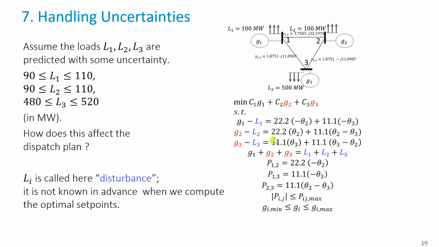So it's not possible to find G1, G2, G3, theta 1, theta 2, and theta 3 that satisfy those constraints for all values of L1, L2, L3. So for every value of L1, L2, L3, there is an OPF, there is an optimal solution, and which one should we choose?